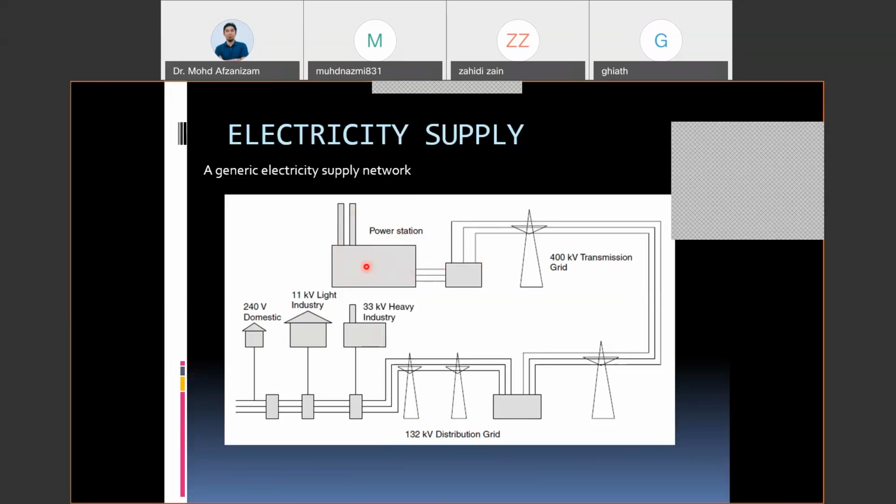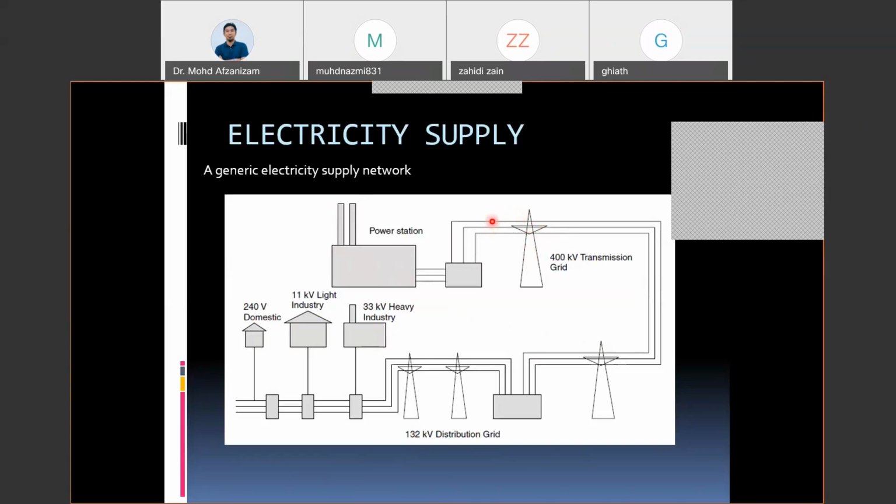Okay, so normally they have the 400 kV transmission grid, which we can see outside from our house, along the way beside the road.